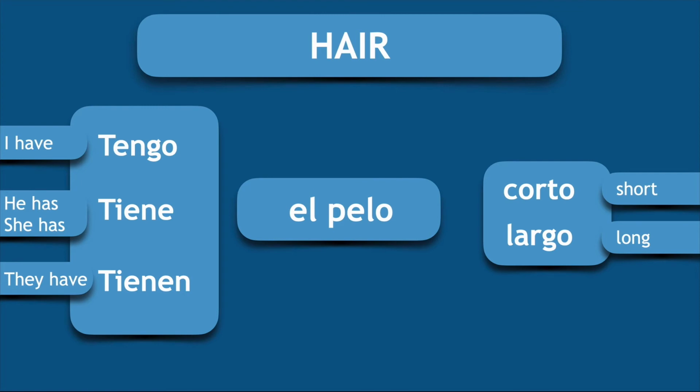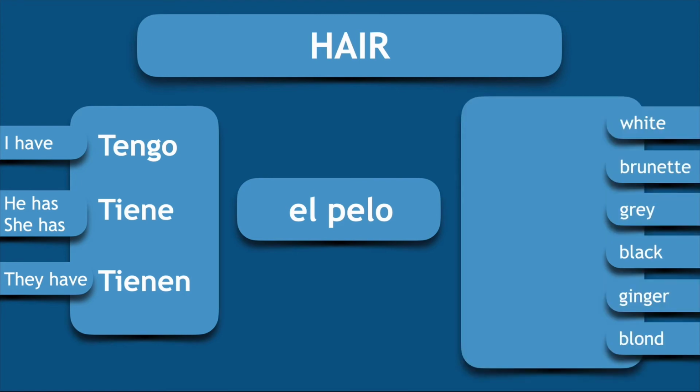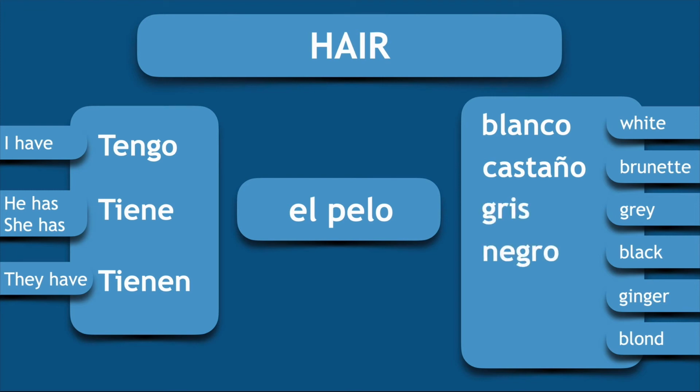When you want to add color to the description of the hair, you only need to remember the following colors: blanco, white, castaño, brunette or brown, gris, gray, negro, black, pelirrojo, ginger, rubio, blonde. So, I have white hair would be tengo el pelo blanco.